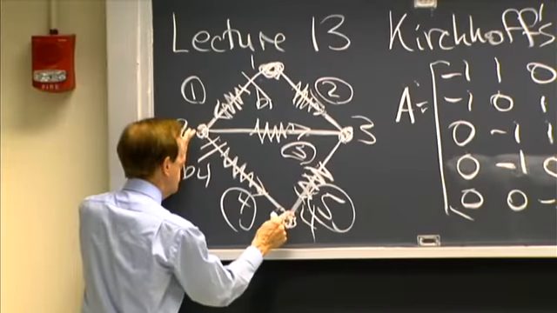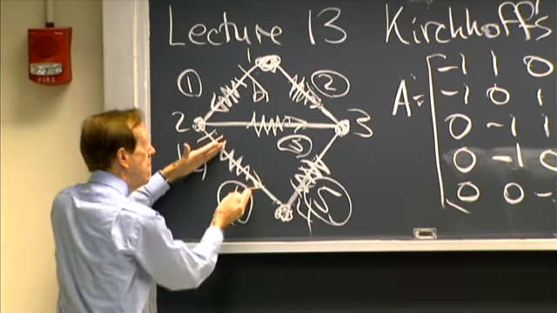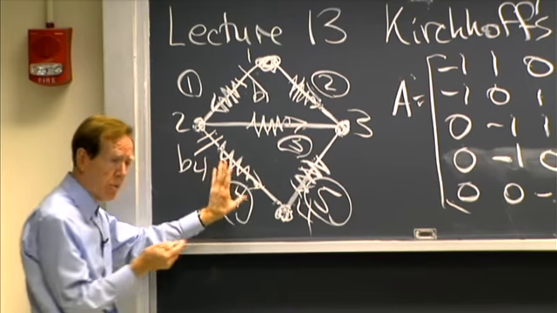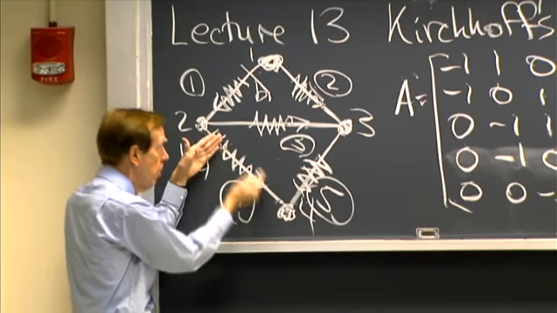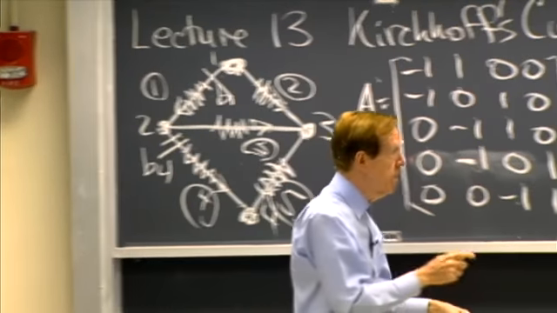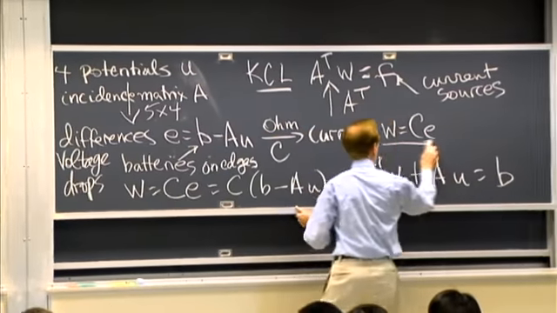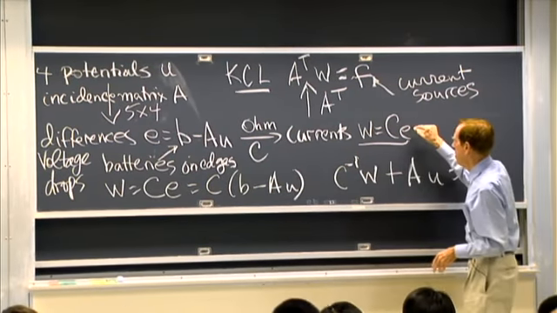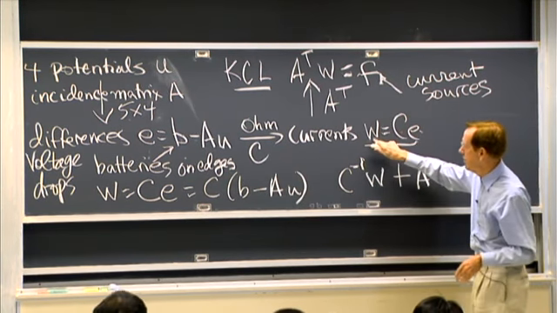Combining the Au, which is the difference in these potentials, with the B4, I'll know the voltage drop across the resistor. And that's what Ohm's law applies to: the voltage drop across the resistor times the conductance gives the current.